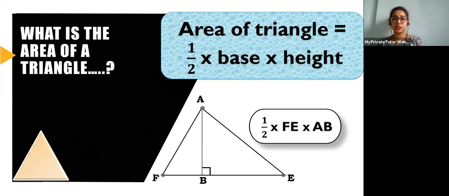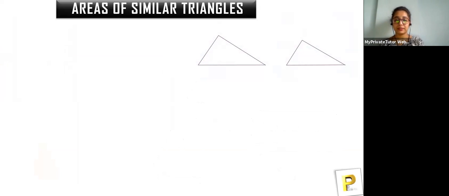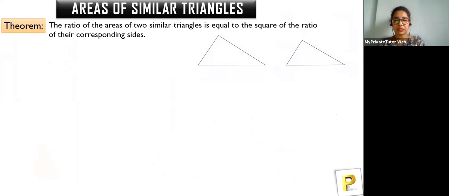Now this formula is important because on the basis of it, we'll be studying the next part of the session, that is the areas of similar triangles. Now, what does areas of similar triangles mean? This is a theorem which explains that the ratio of areas of similar triangles is equal to the square of the ratio of their corresponding sides.